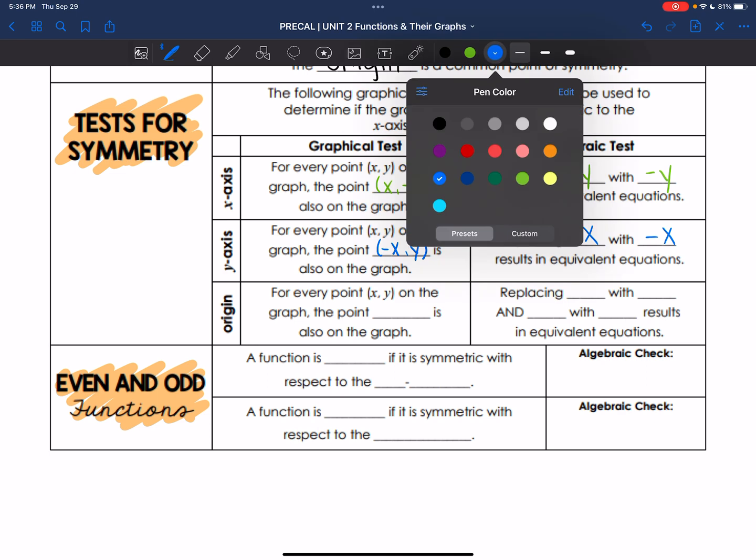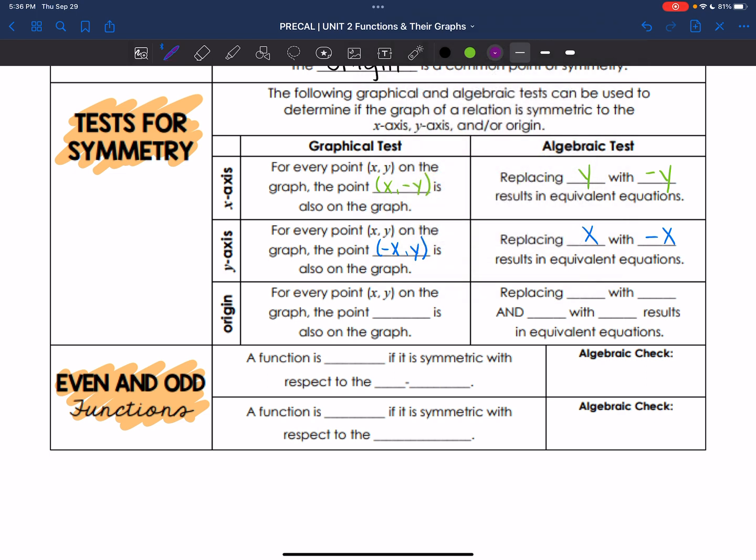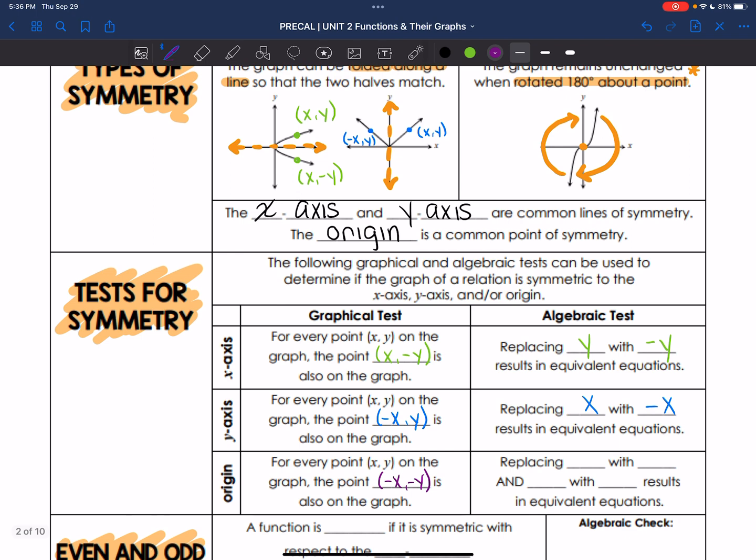Finally, we also have the origin symmetry. And to test that graphically, for every point (x, y) on the graph, you will also have the point (opposite of x, opposite of y). You can see that modeled here. Here we have a point (x, y), both positive. And then it is also reflected right down here, the same distance, but in the opposite direction, so that's opposite of x.